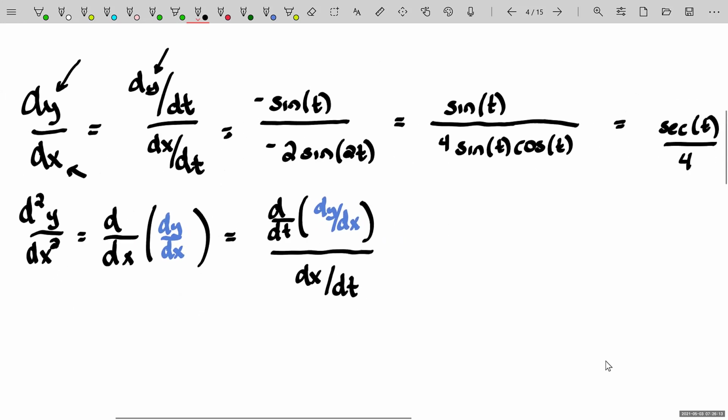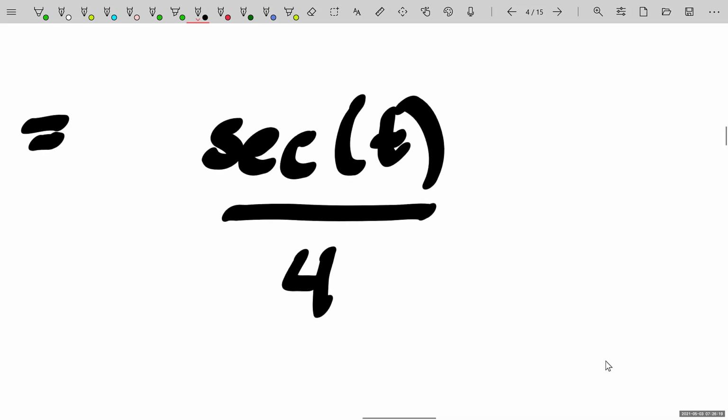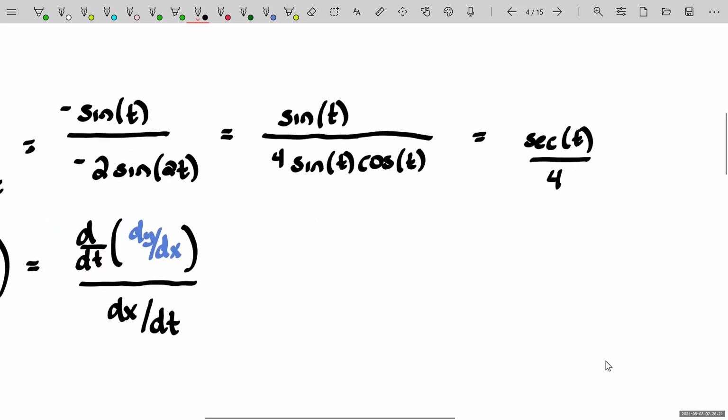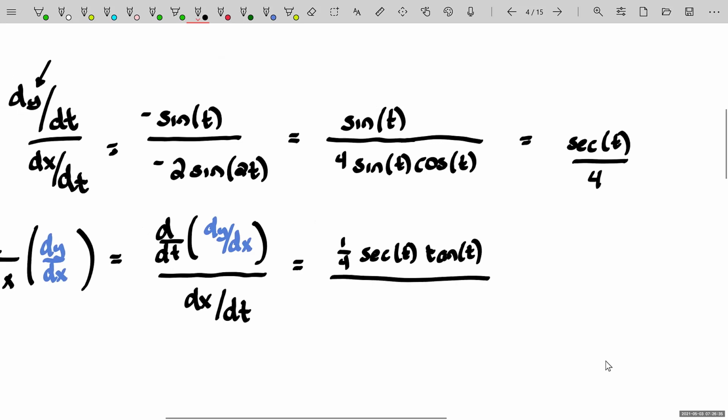Now what we're going to do is go ahead and take the derivative of this dy/dx with respect to t. So the derivative of that with respect to t is going to be 1/4. The derivative of the secant is secant tangent, so secant of t, tangent of t. And then again, you divide that by dx/dt.